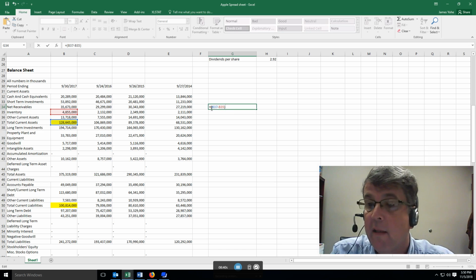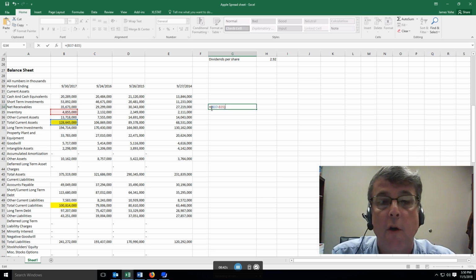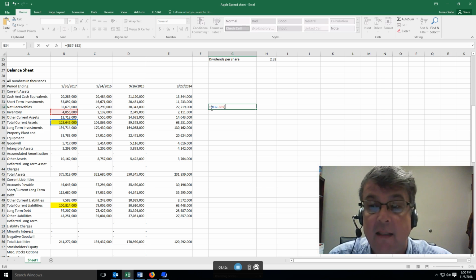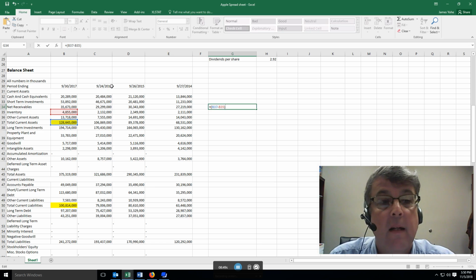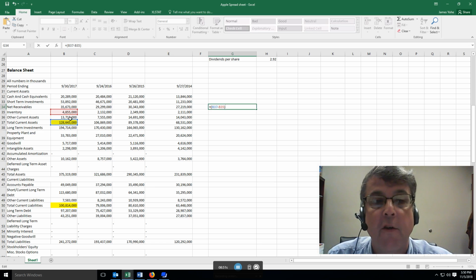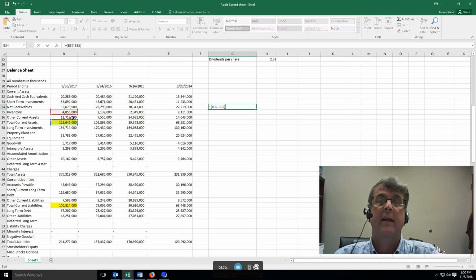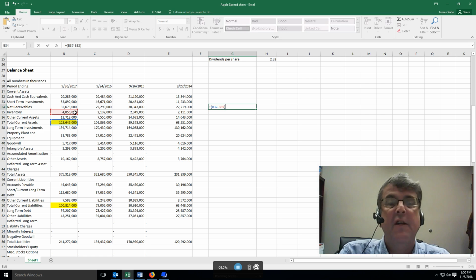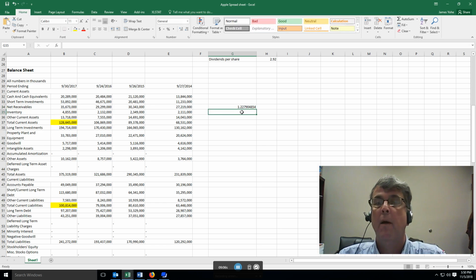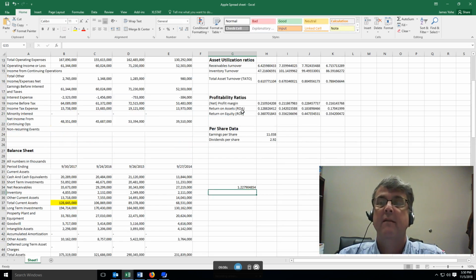Okay, that right there is total current assets minus the inventory. I might also subtract other current assets if I don't know what they are. Okay, and I did that above. Then I'm going to divide that by total current liabilities like I did with the current test, and I'm going to get a number, and I got 1.2279.